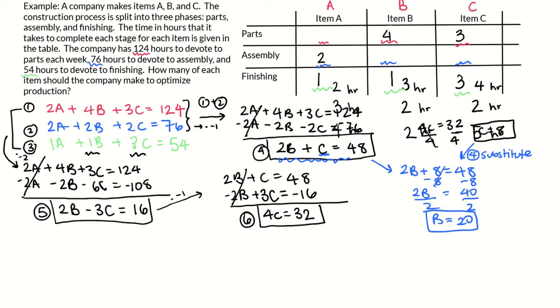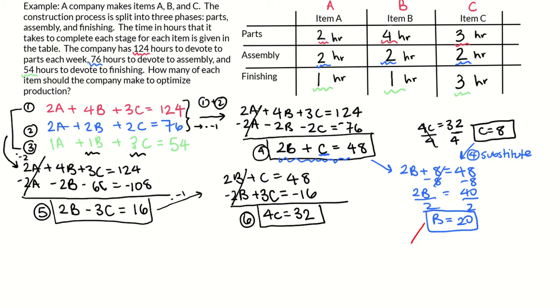We can use any of the 3 original equations, equations 1, 2, or 3, in order to find A. Equation 3 looks easiest to me, so let's plug in this value of B and this value of C into equation 3, which is 1A plus 1B plus 3C equals 54.